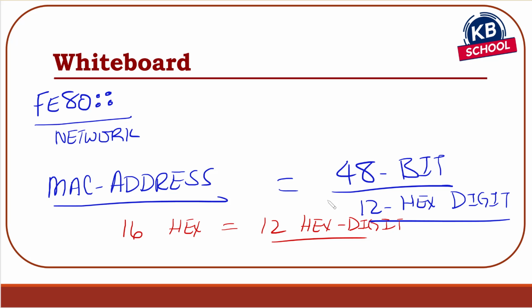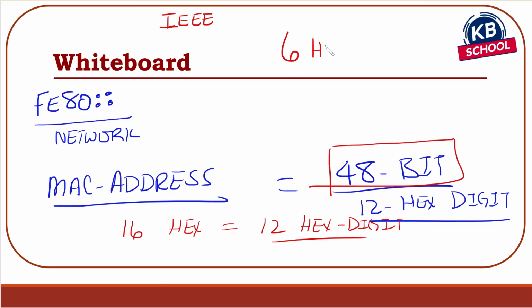Just to make sure you understand, the MAC address itself has 2 identifiers. The first 6 hex digits are assigned by a committee called the IEEE to a vendor, saying, hey, listen, go ahead and manufacture your network interface cards or layer 2 addresses based on this 6 hex digit number.